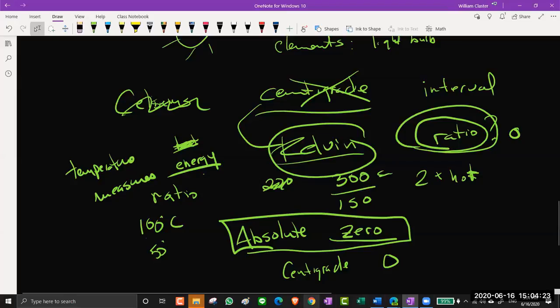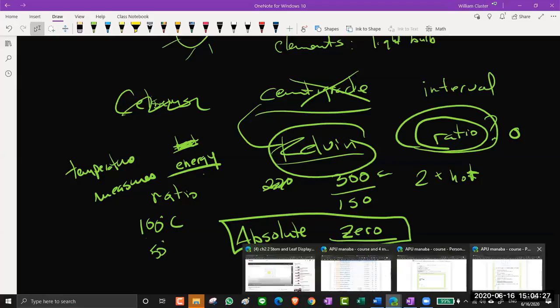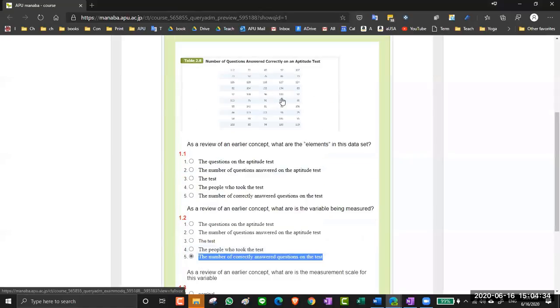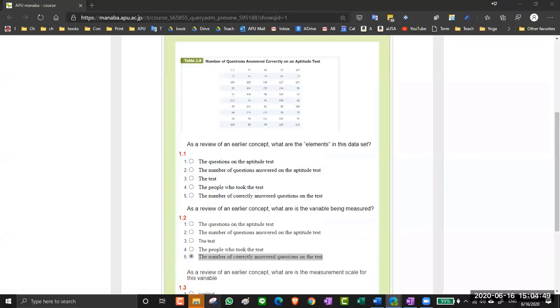Now let's go back to our question. Is this ratio or interval? What does zero mean in this case? Zero questions answered correctly. Everyone agree with that?